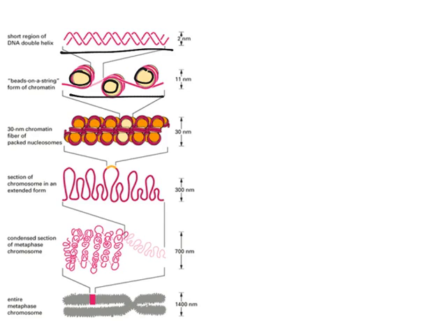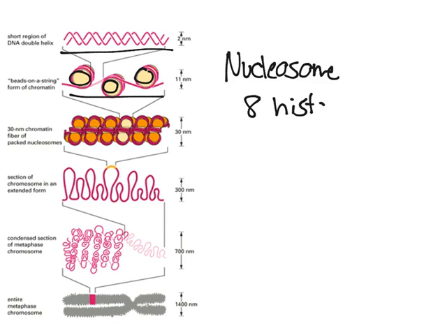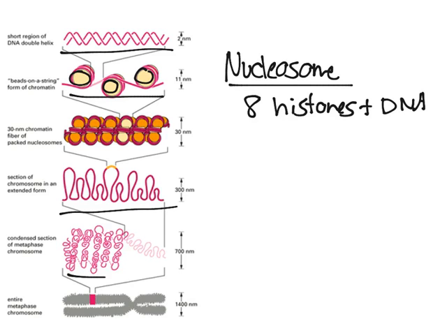And that's called a nucleosome. And that's 8 histones plus DNA is a nucleosome. And then now we get into chromatin, and then that's more chromatin there, and then finally chromosomes.